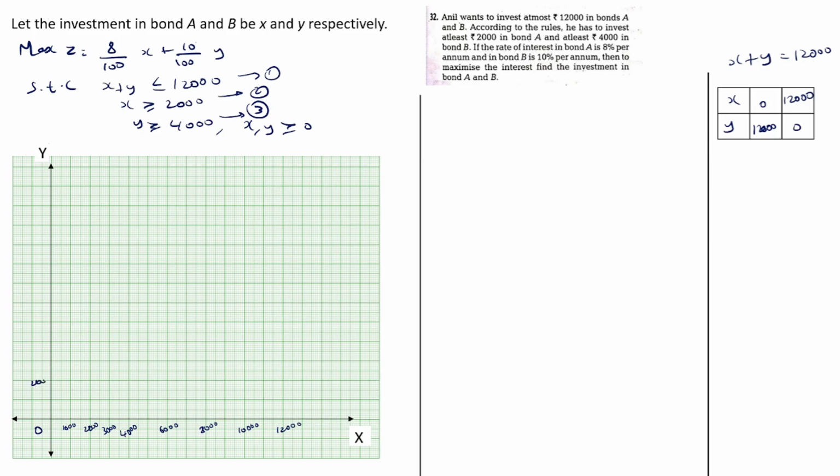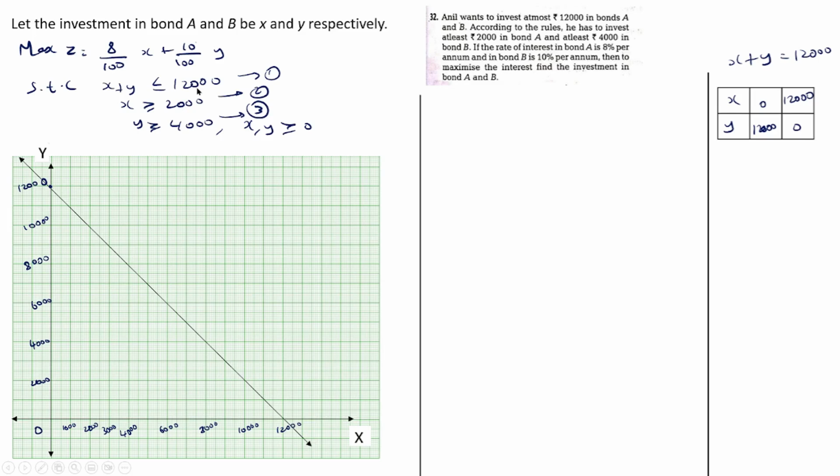Here also 2,000, 4,000, 6,000, 8,000, 10,000, and 12,000. So here we have 0, 12,000 and here 12,000, 0. If we draw a line joining these 2 points, we will get the line corresponding to x plus y equal to 12,000. So this line should come here.